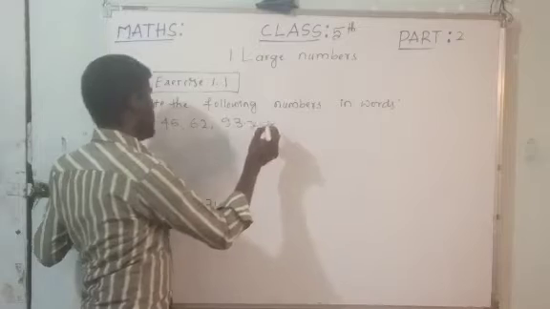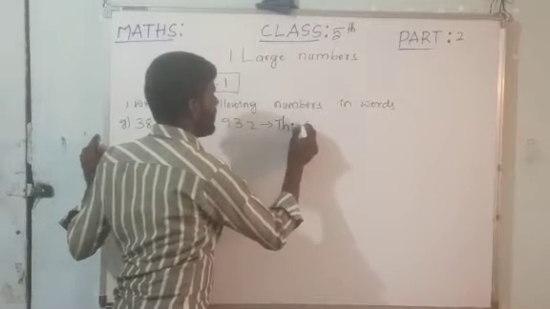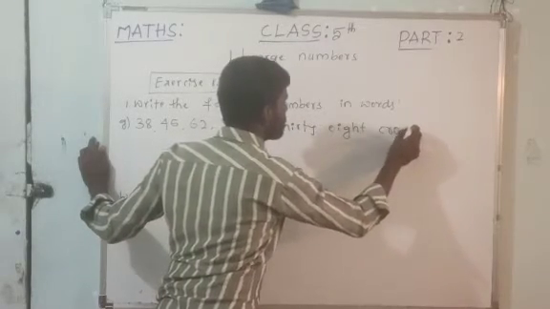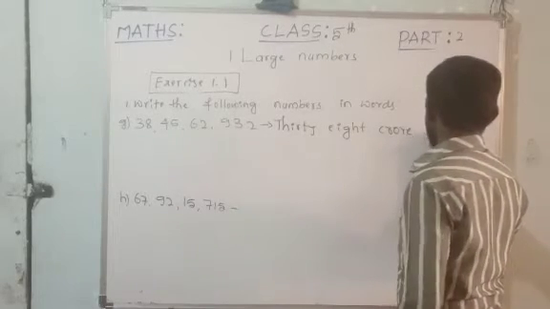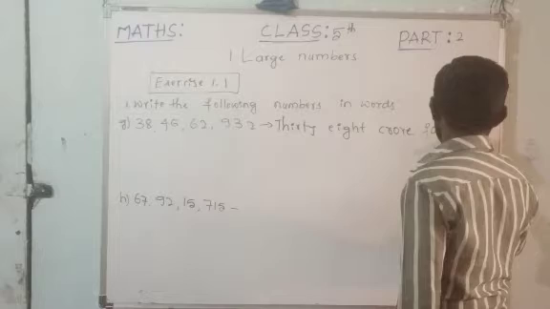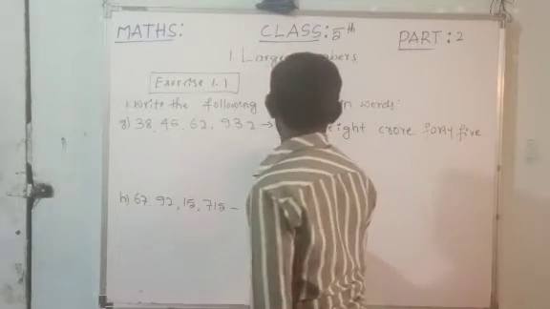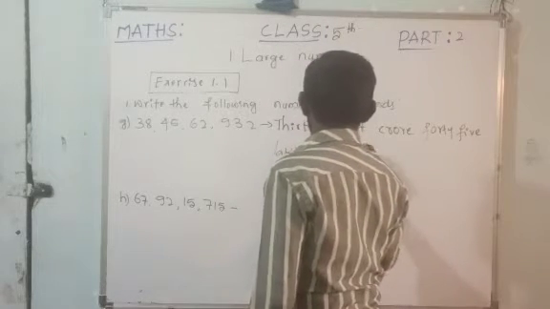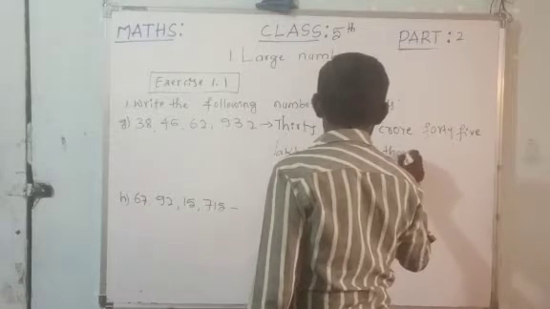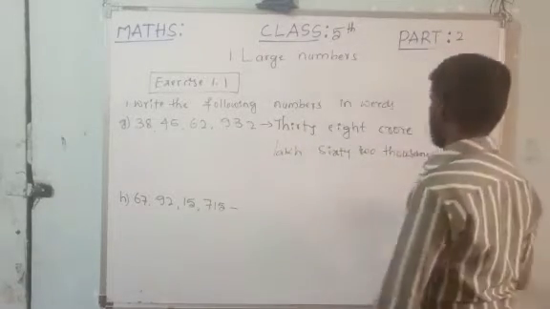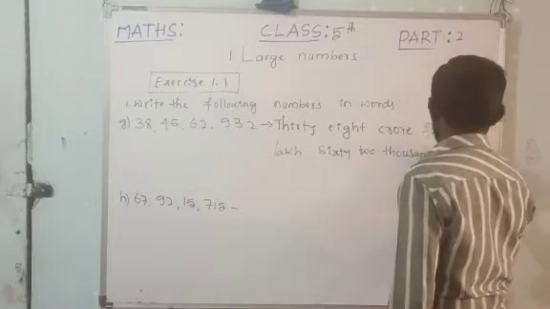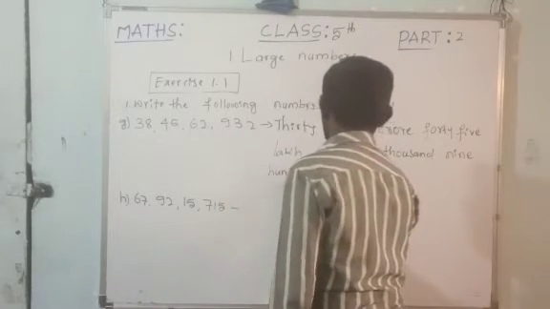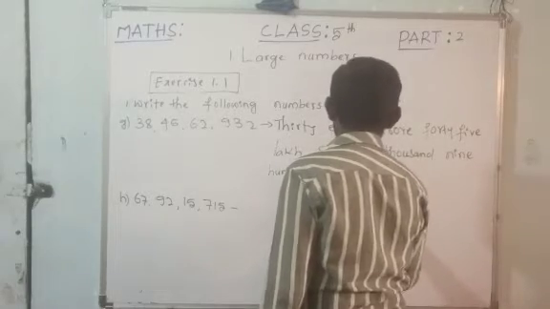If I write in words, 38 crore, 45,000, 45 lakh, 62,000, 900, 932.